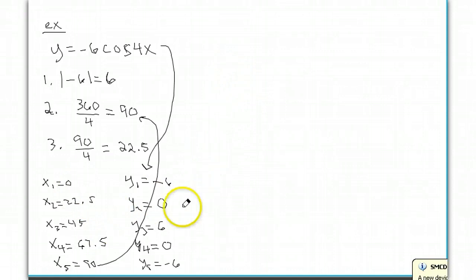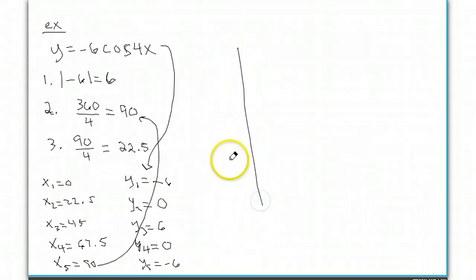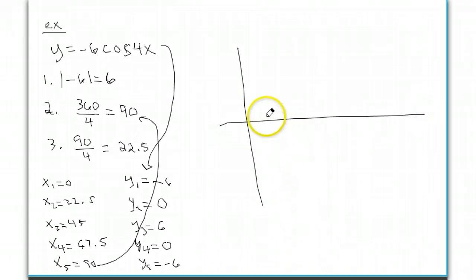So, looking at the graph, remember this graph goes by 30s. So the first point, we're going to have 30, and then we have 60, and then we have 90.